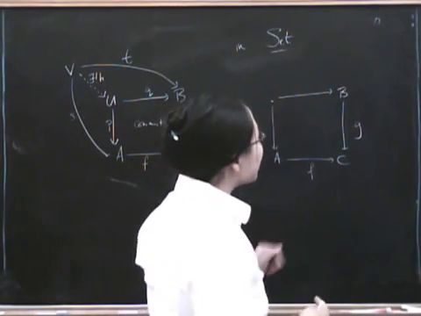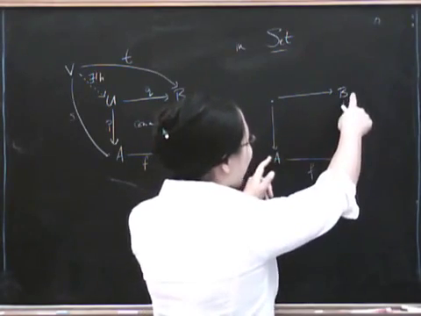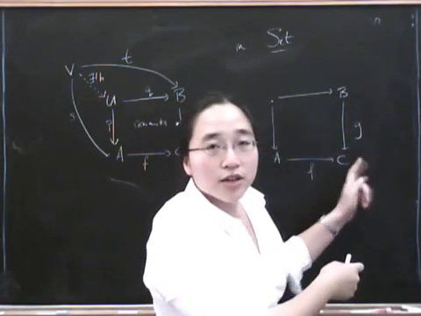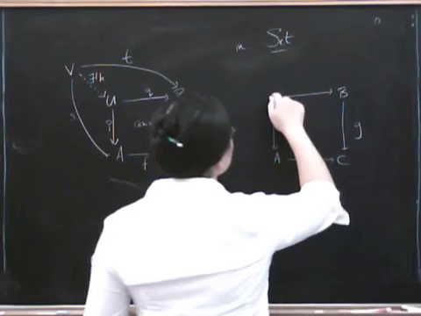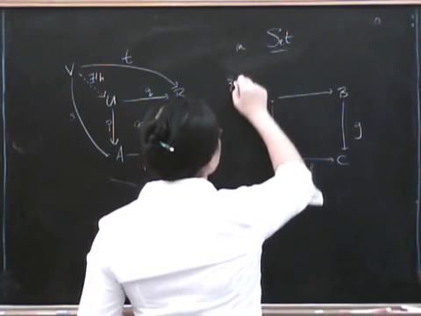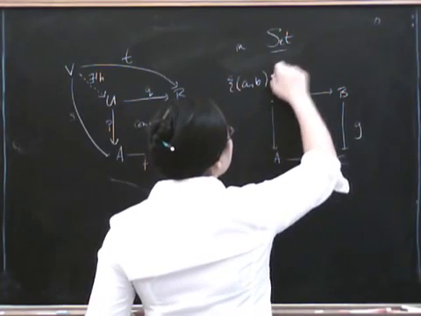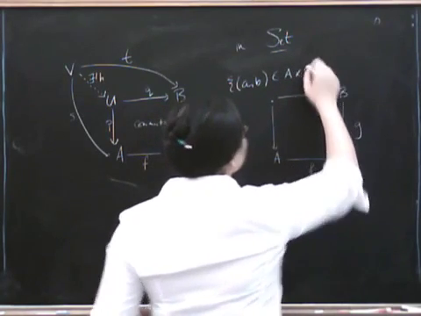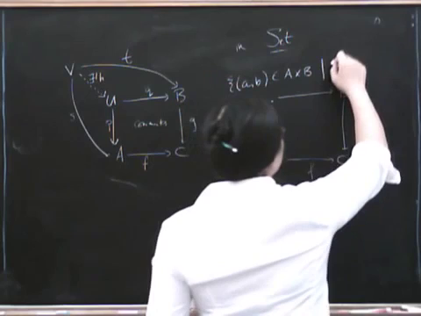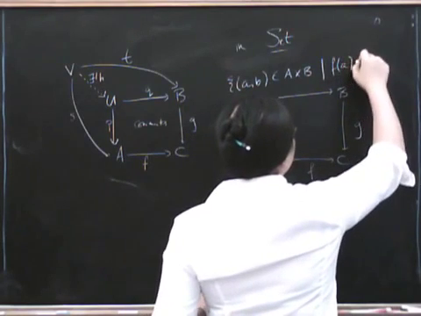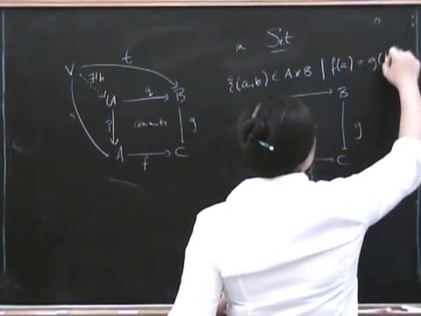So all we're going to do is restrict to those pairs A and B that actually land in the same place when you hit them with F and G. So what we're going to get over here is the set of pairs A comma B in A cross B such that F of A equals G of B.